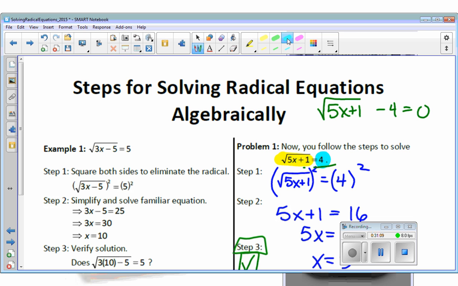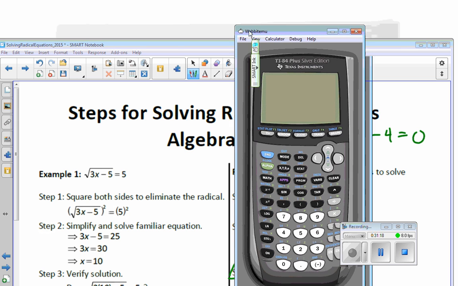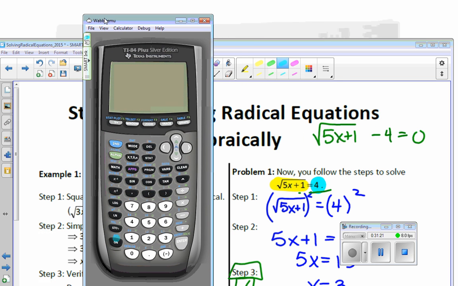That's fine. Perfect. Can you plug yours into the calculator with the green way, Daniel? All right, I'm going to do it with the y1, y2. So let me show you what I mean by that.